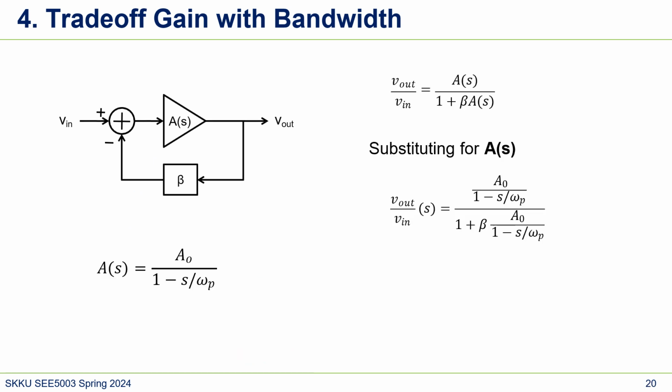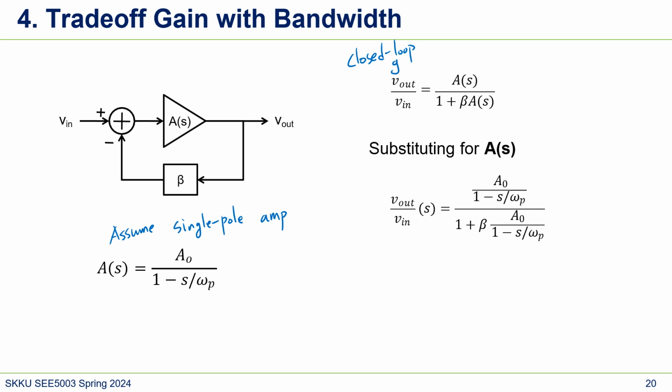We assume a single pole amplifier, A of s, and the transfer function looks like this. What's the overall gain from in to out? This is the closed loop gain.